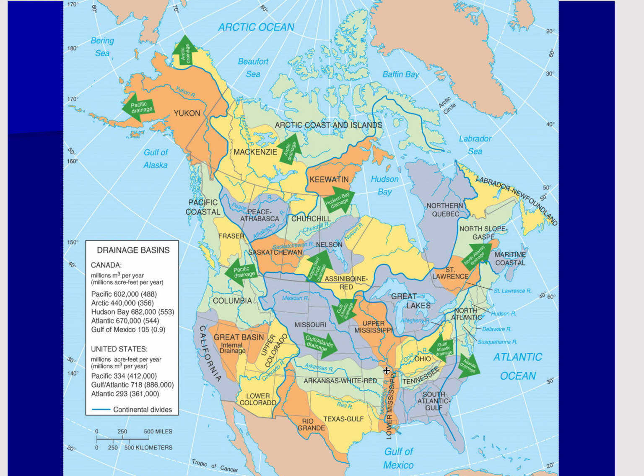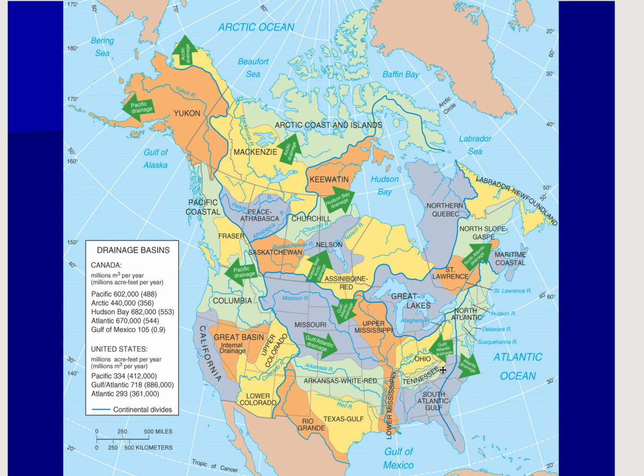But the Mississippi drainage basin incorporates the Red River, the Arkansas, the Missouri system. Take a look at how big the Missouri system is. The upper Mississippi and the Ohio, then the Tennessee, all make up this very, very large drainage basin right here, right?